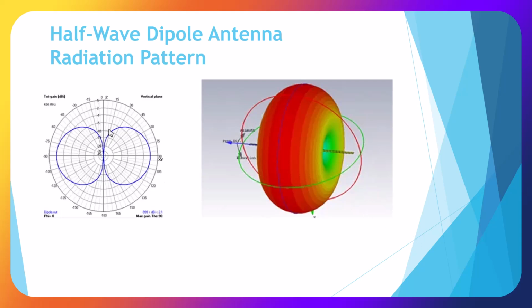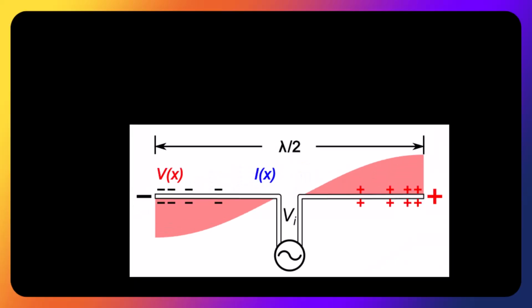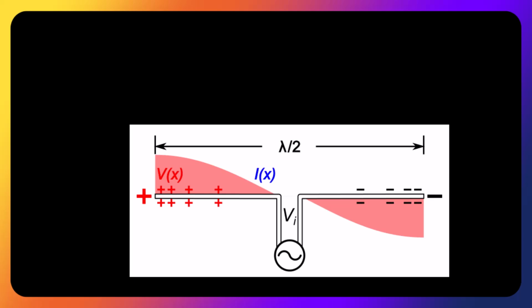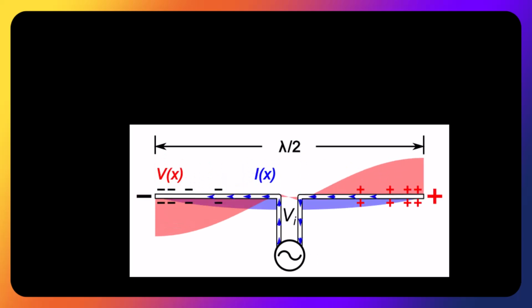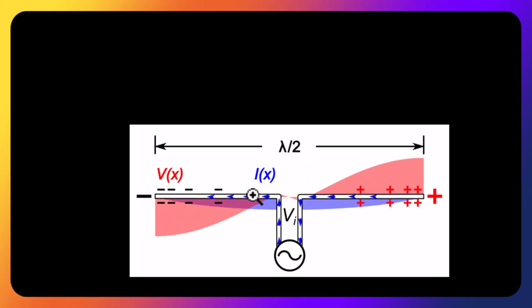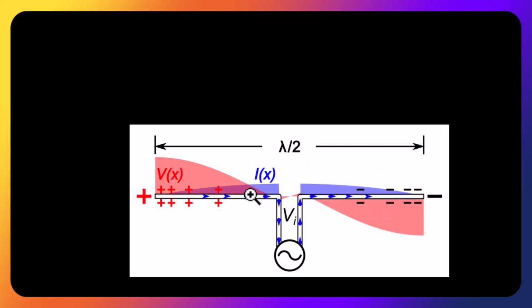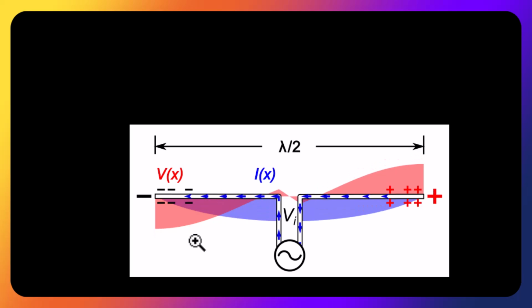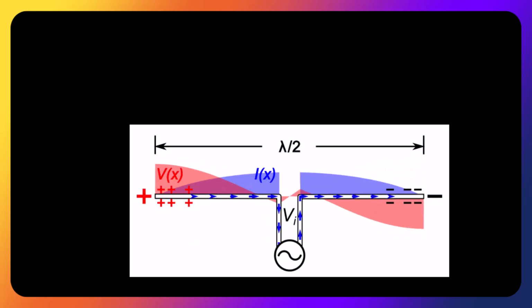You can see that we have very little transmission at 90 degrees. Okay, here I'm showing the standing wave on a dipole antenna, the red being the voltage and the blue being current, and that shows the radiation patterns.